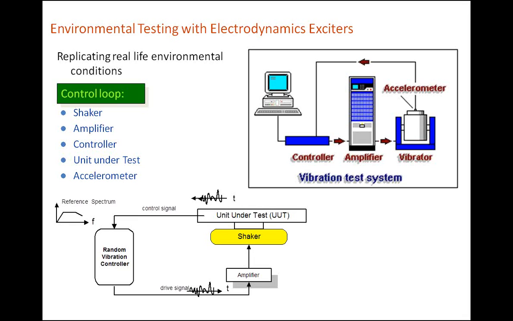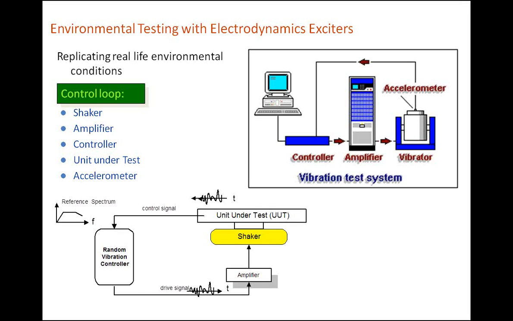But we can close this loop by putting the accelerometer on the product or the shaker, bringing it back into the controller, and having the controller generate the relationship between input and output, which we call a transfer function. Then we can adjust the output drive to the amplifier to take into account the different dynamics out there in the shaker, and so we can get the target value.